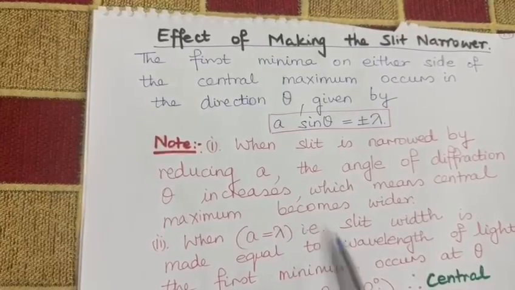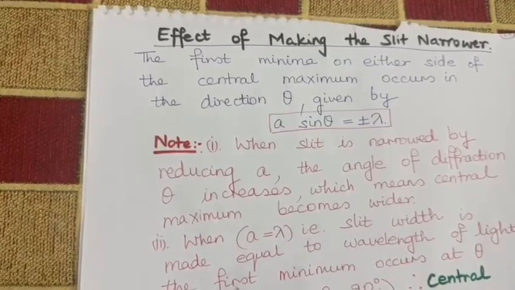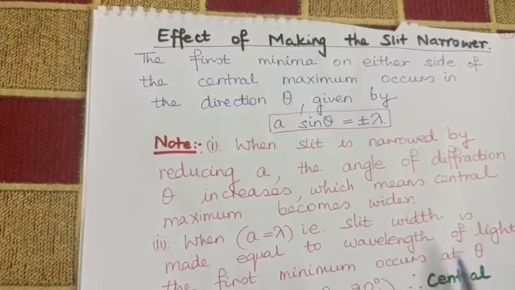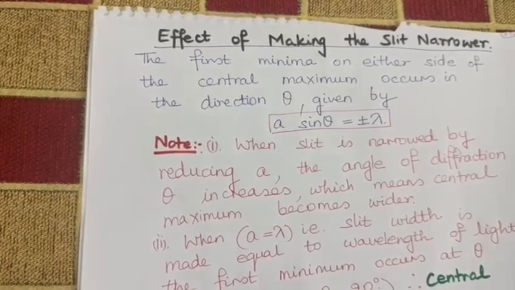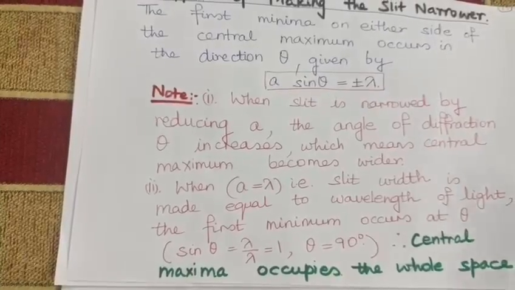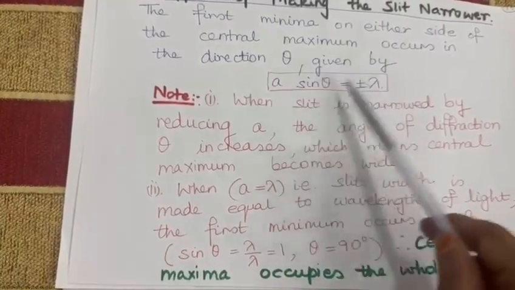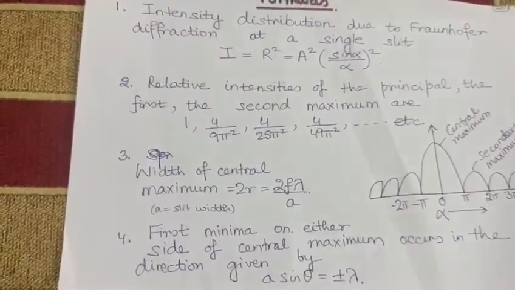When a is equal to lambda, that is, the slit width is made equal to the wavelength of light, the first minimum occurs at theta equal to 90 degrees. The central maximum occupies the whole space in this case. So these are the two conditions which come up when we make the slit narrow.